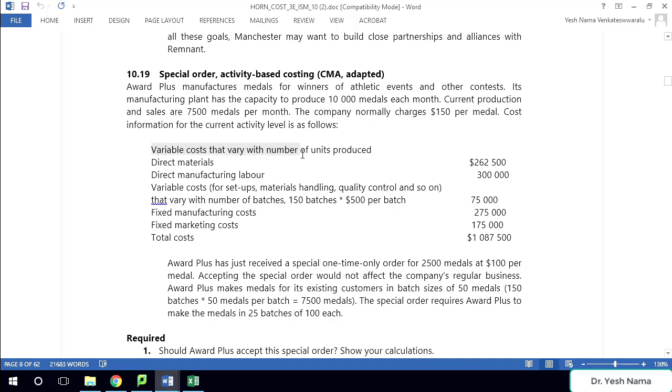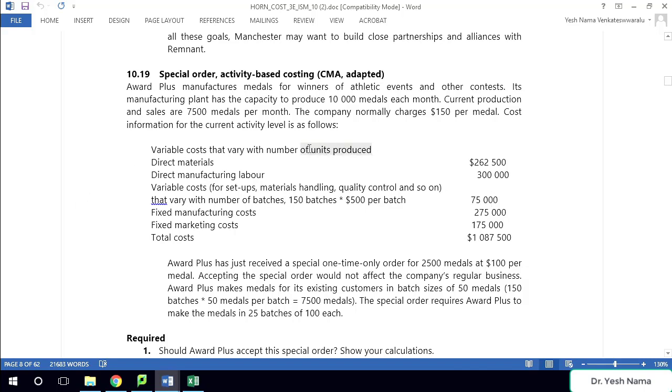Variable costs that vary with the number of units produced: direct materials 262,500, direct labor 300,000. Variable costs for setups, materials handling, quality control, and so on that vary with the number of batches: 150 batches times 500 per batch, $75,000.